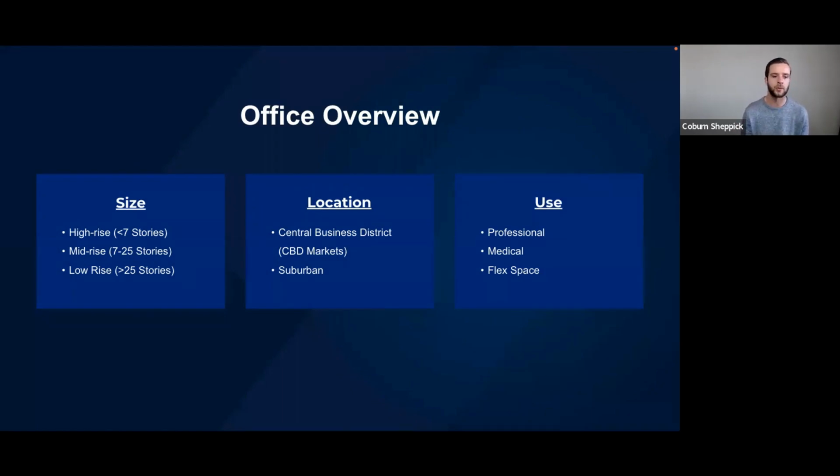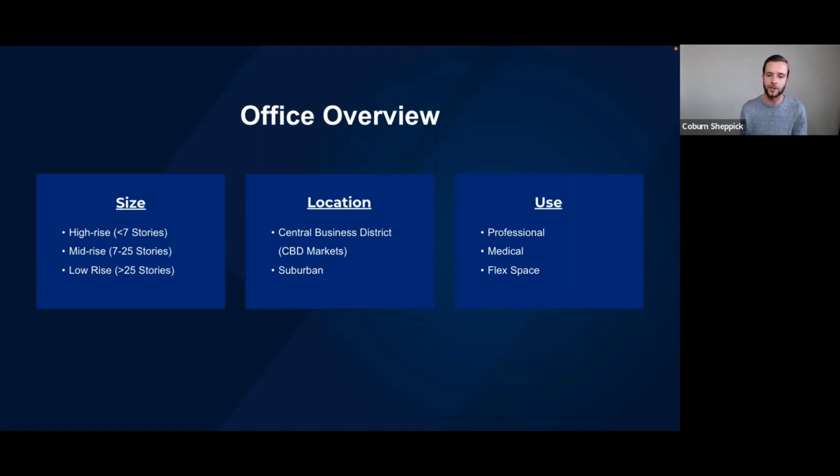There's high rise, mid rise, and low rise. I've got this flipped. High rise is above 25 stories, mid rise is 7 to 25, and low rise is typically below 7. So size is obviously an important factor.